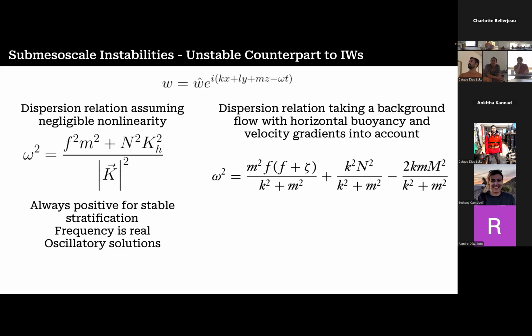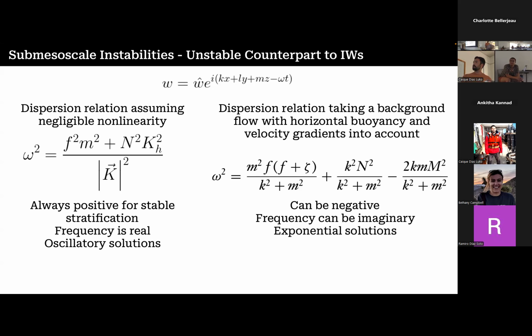For positive stratification, this term keeps your frequency real with oscillatory solutions, but this one can become negative. If your anticyclonic vorticity is too strong, it can become negative, or if this last term also becomes really negative, it can generate negative omega square. In those cases, our frequency is going to be imaginary, and we're going to have exponential solutions. Those are going to be the instabilities.